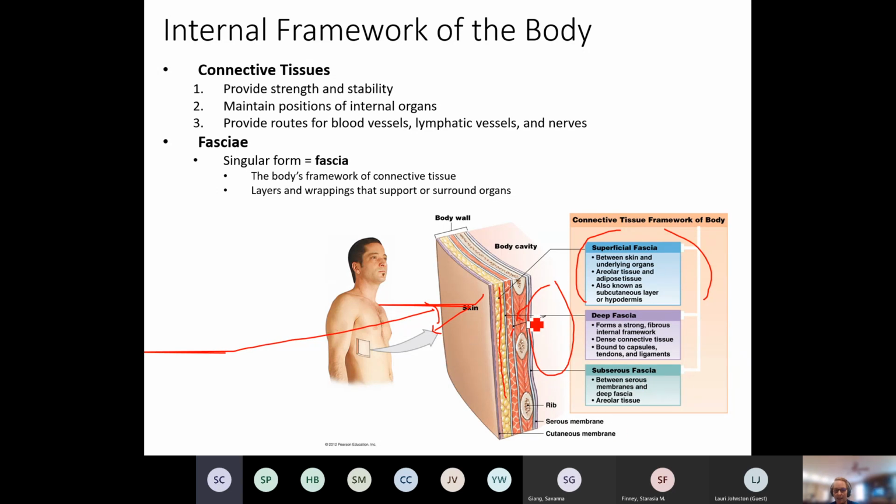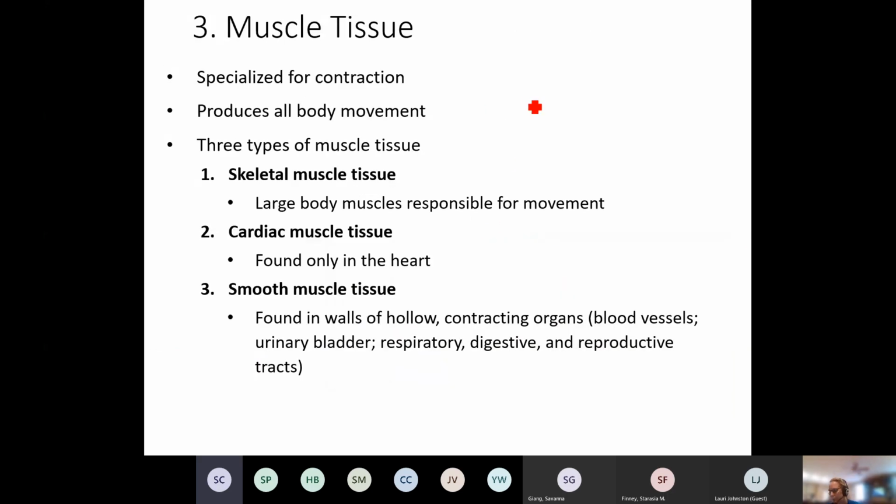Again, the muscle distinctly is underneath and separate from the skin, and there's a layer of connective tissue between it. There's connective tissue in and around the muscle cells, so they're not touching each other. And then you have a distinctive kind of break between the muscle and then underlying organs with that subserosa connective tissue and fascia, right?